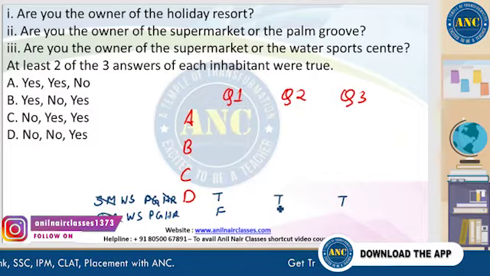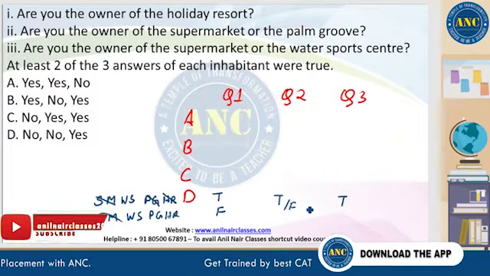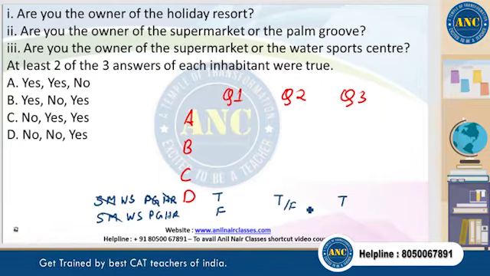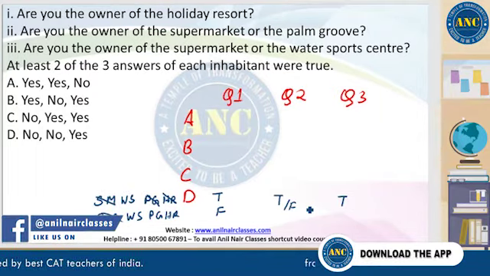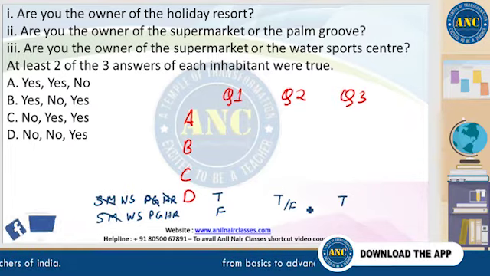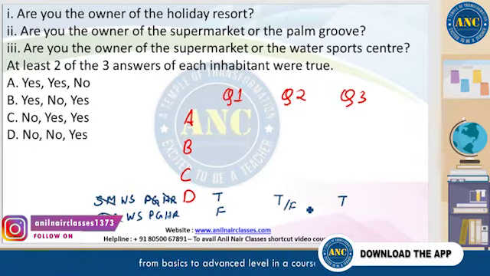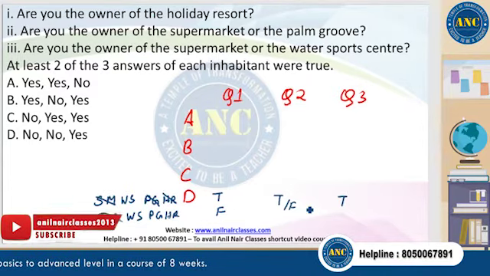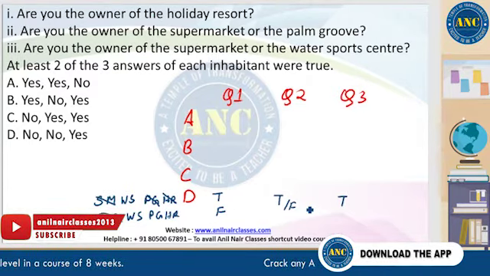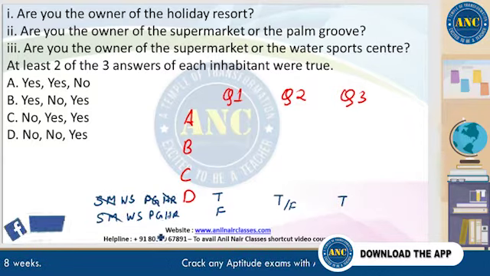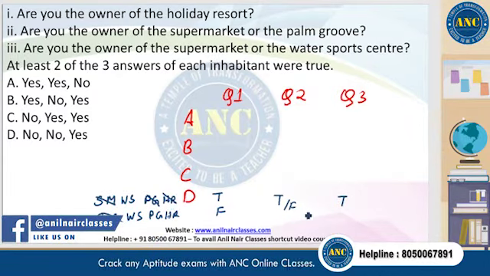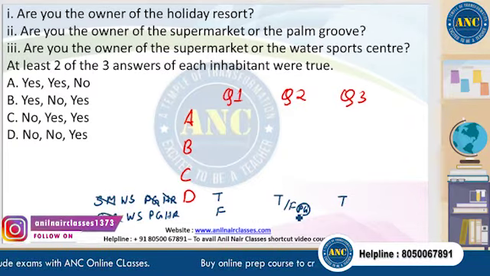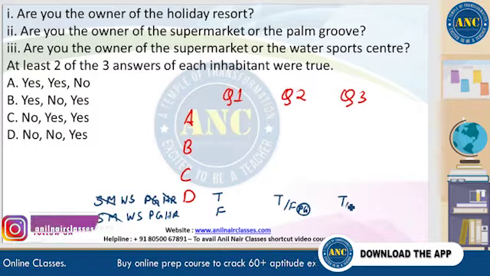What if the second statement was false? Let's just try to evaluate that. If it is false, are you the owner of the supermarket? No, this chap is not the owner of the supermarket, but assuming he is the owner of the farm grove, and he says no, I'm not the owner, that means this person, in this condition, is ending up owning the farm grove, which means the third statement would also become false.